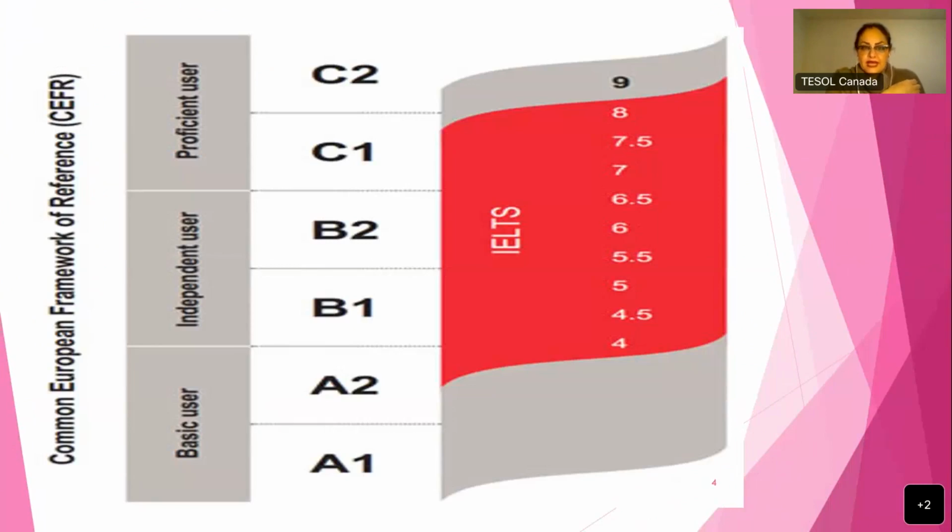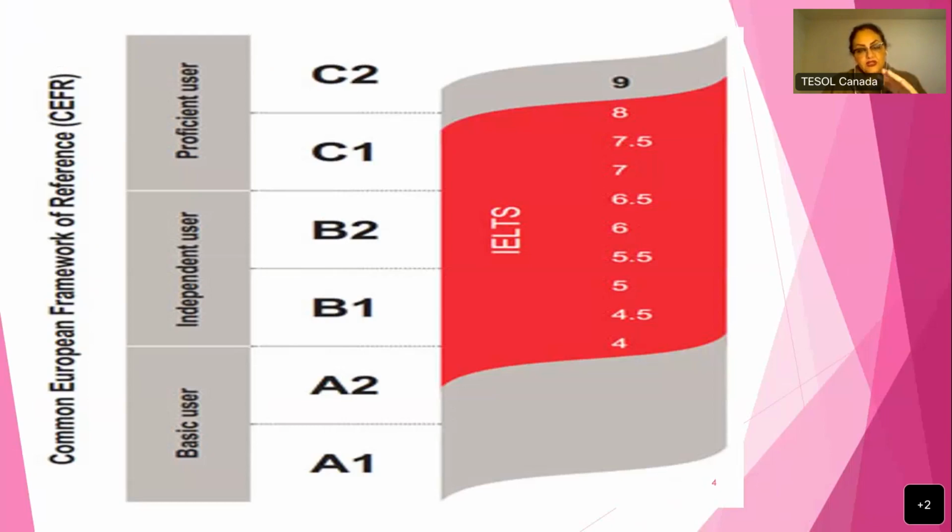What about the different band scores? The highest band score is 9, and it starts from 1, actually. So look at this. According to the CEFR, the Common European Framework of Reference, A2, which means pre-intermediate, equals a band score of 4.